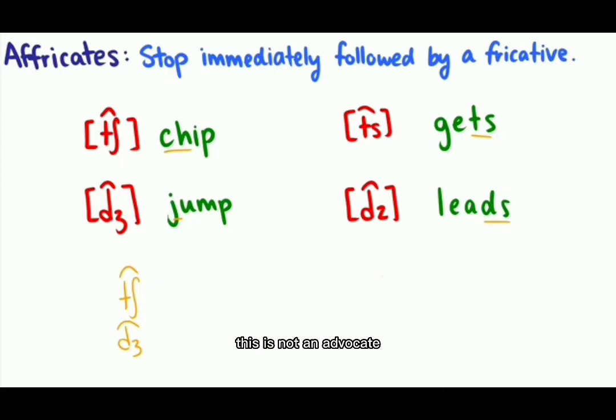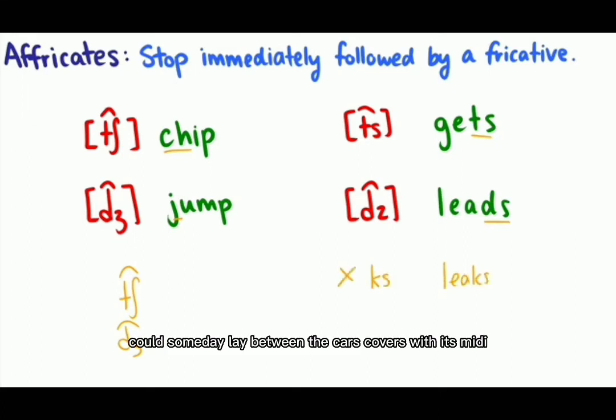This is not an affricate. It is not an affricate in "leaks", but there's some delay between the "k" and the "s" that's needed. So we have that affricate, this, this.